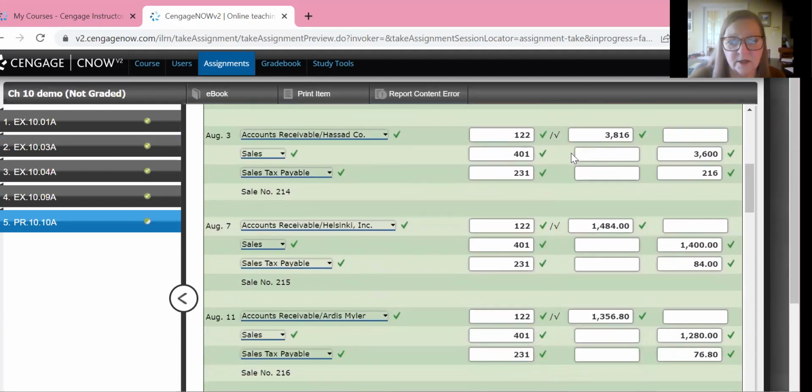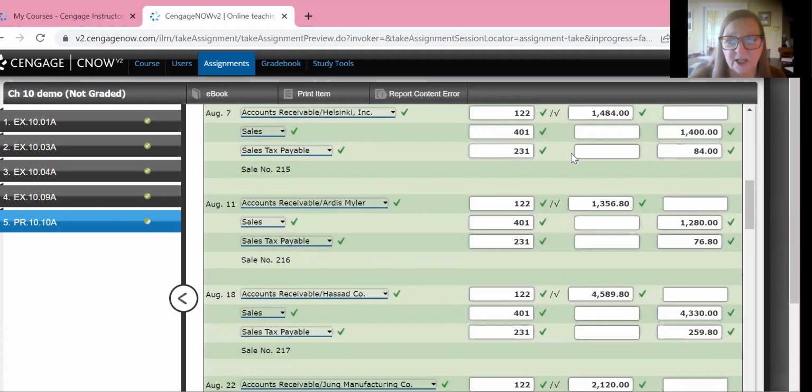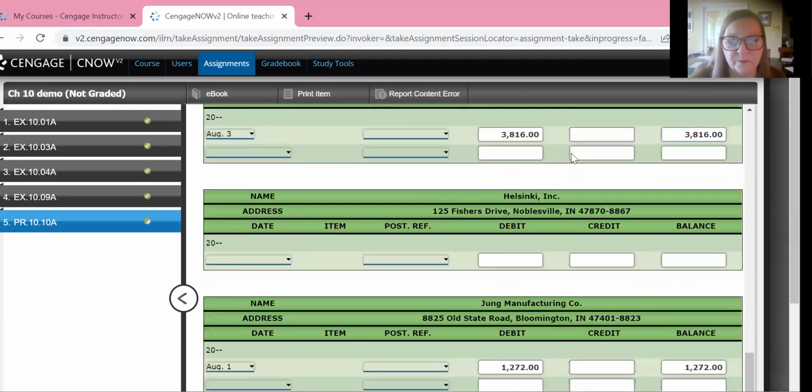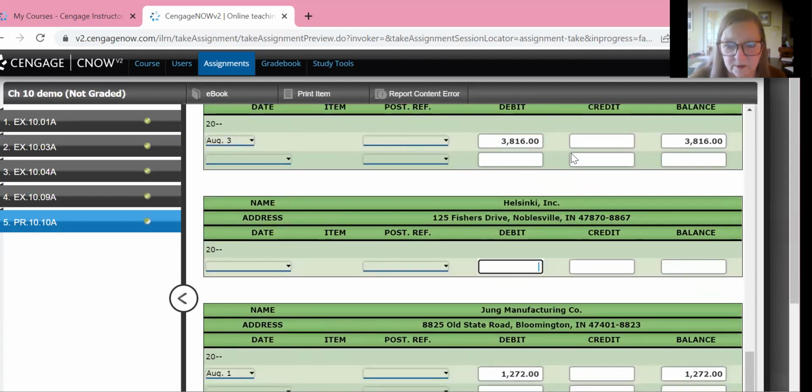I got that one. Then I go to Helsinki, $14.84. And Helsinki was August 7th.